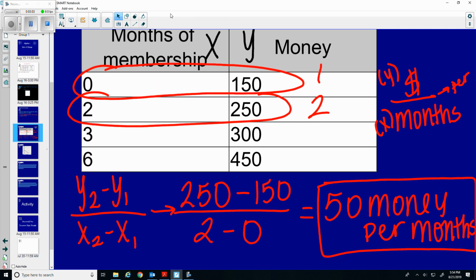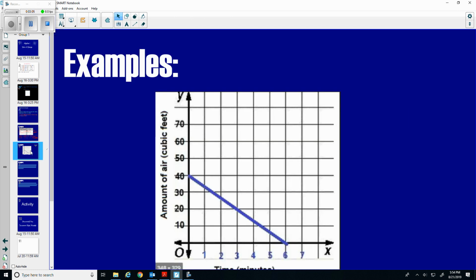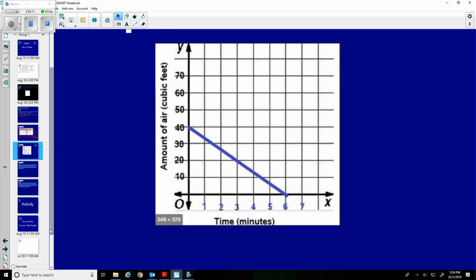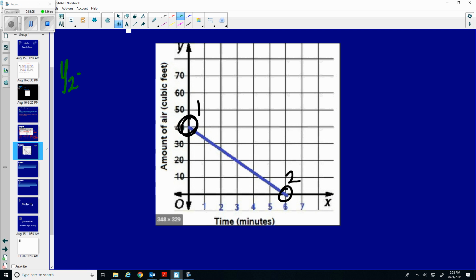So if we look at the next one, now taking it from a graph. Again, same thing as yesterday. I pick my 2 points. Here's 1 point, and here's another good point. I'm going to label them 1 and 2. Now I have my y2 minus y1 over x2 minus x1.